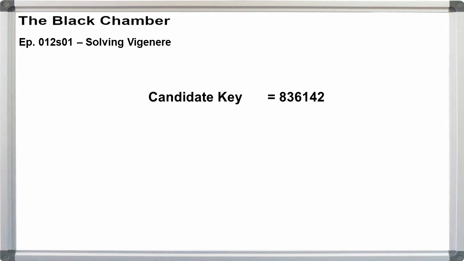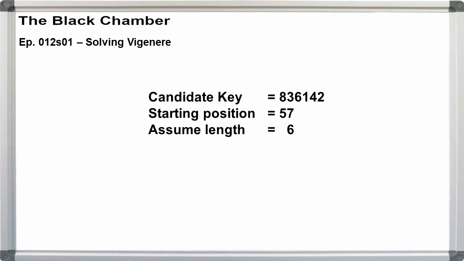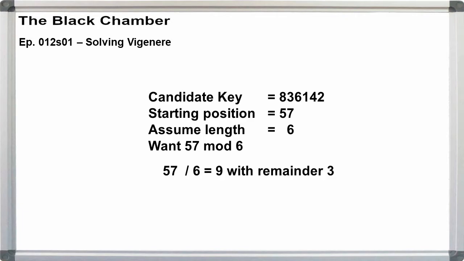There's no repetition of the digits, so the key is at least as long as the hint word. Assuming the key is 6 digits long for now, take the position of the hint word candidate, 57, and calculate mod 6. 57 divided by 6 is 9, with the remainder of 3, or 57 mod 6 is 3.